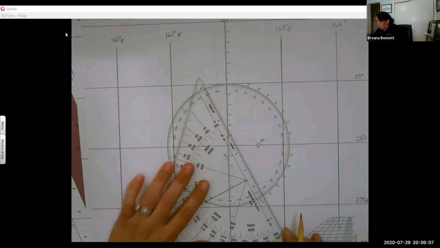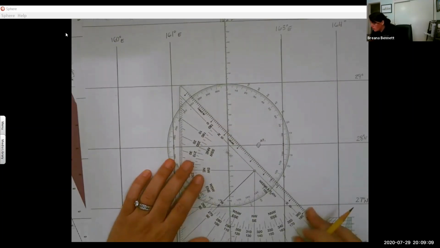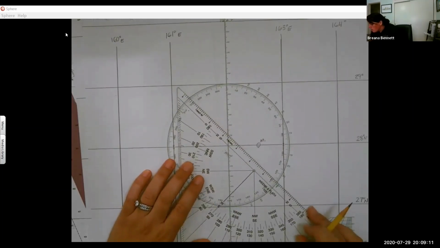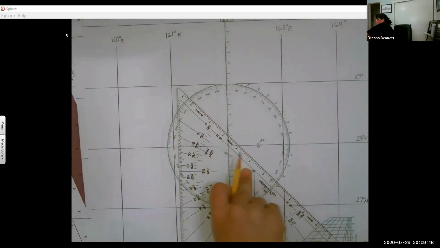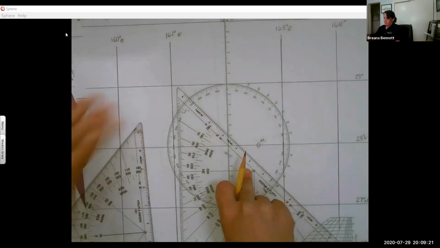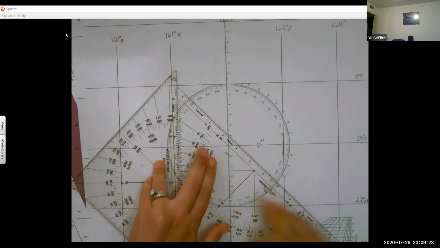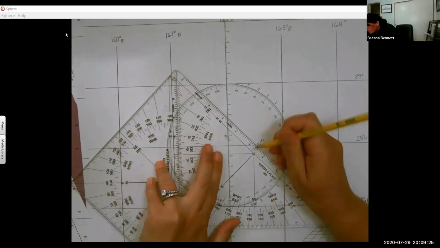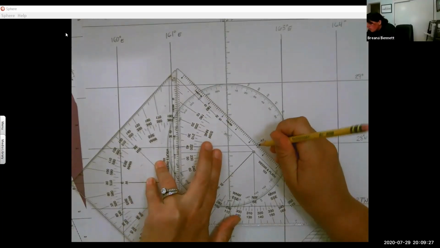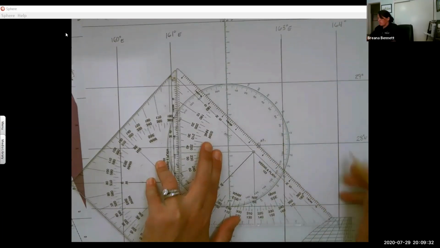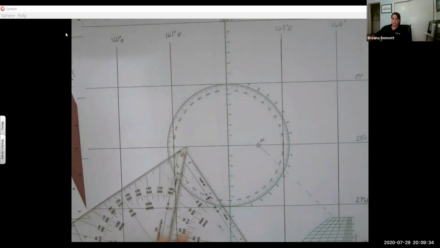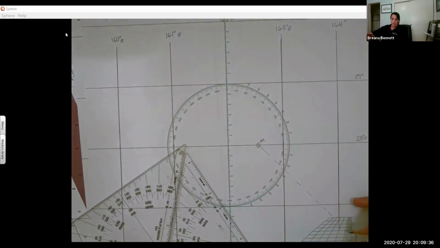I'm going to find 135 and put it through my assumed position. So 135 is going this direction from my assumed position.